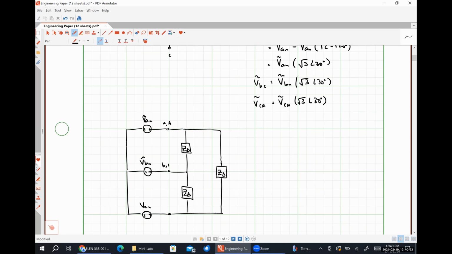Here would be A and A, B and B, and C and C.